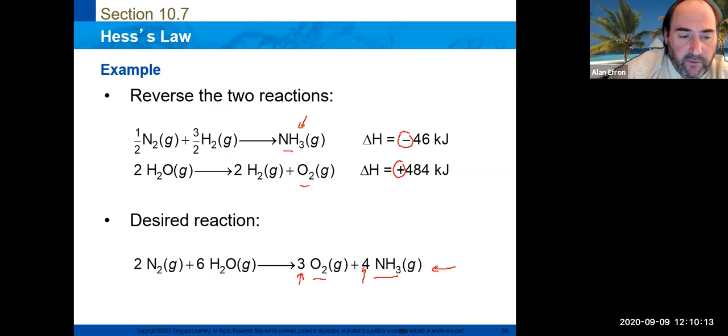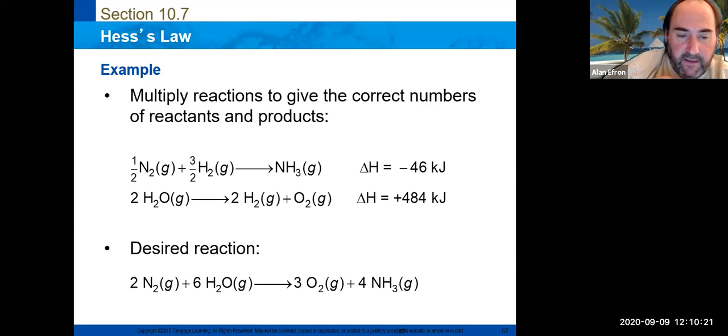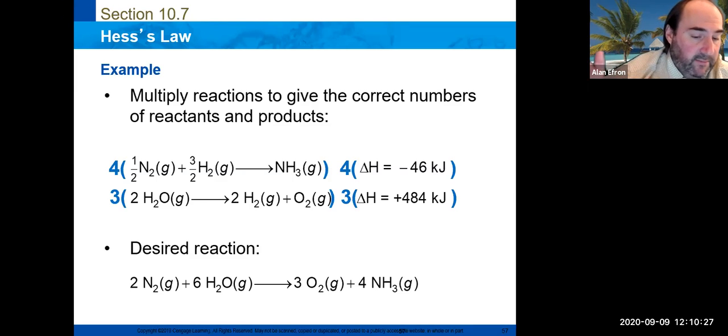And again, what we're trying to do here is build that overall equation from these two guys. And that's what they did next. If you look at it here, they multiplied the top guy by 4, and the purpose of that was to get us the correct number of NH3s. And they multiplied the bottom one by 3 to give us the correct number of O2s. And what that does to the delta H values, as we talked about, is we also need to multiply the delta H values by those numbers as well.